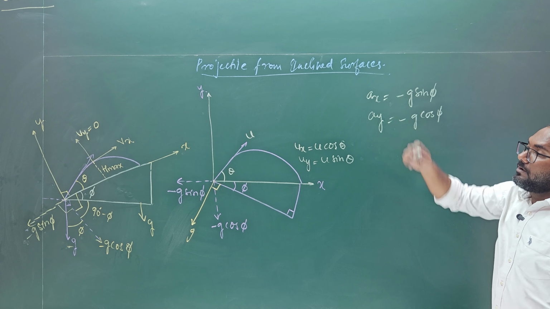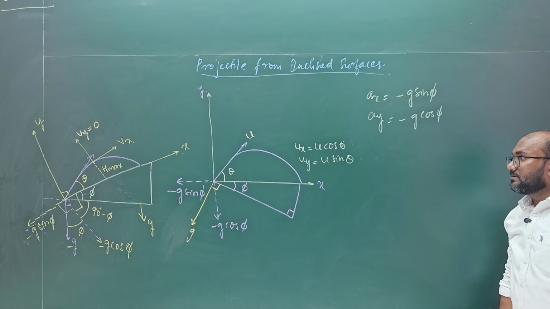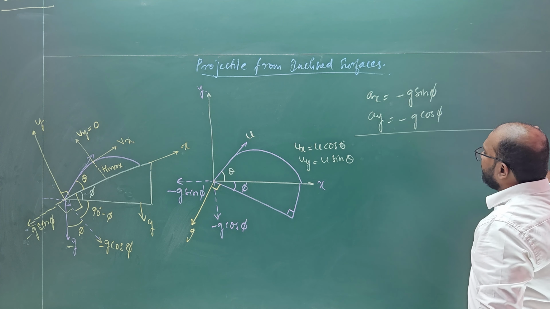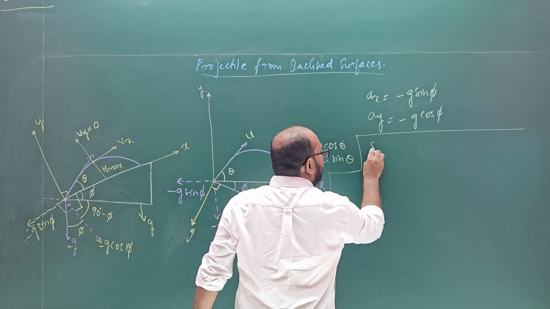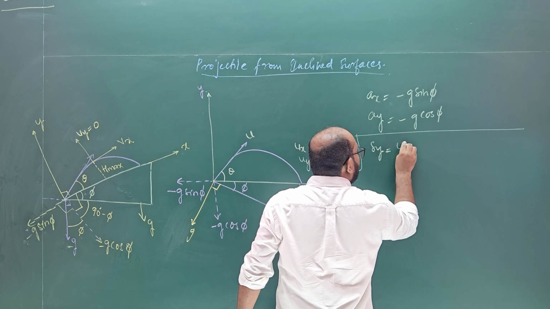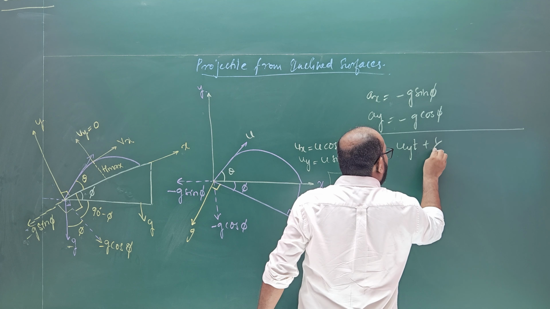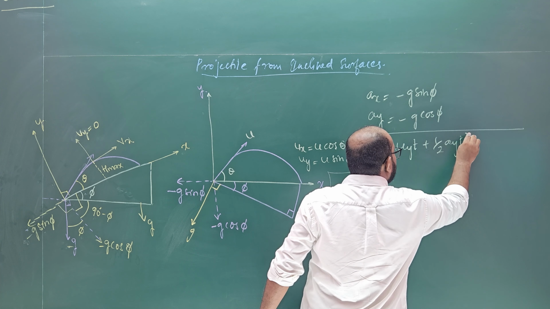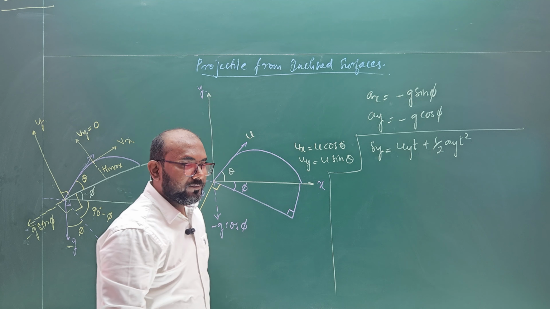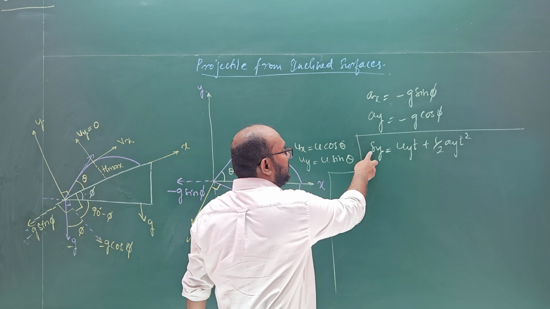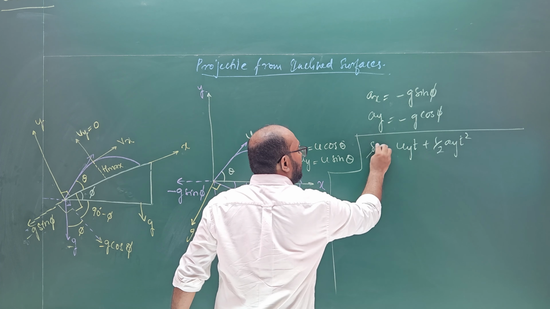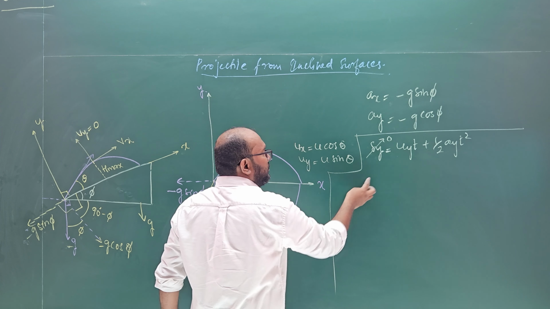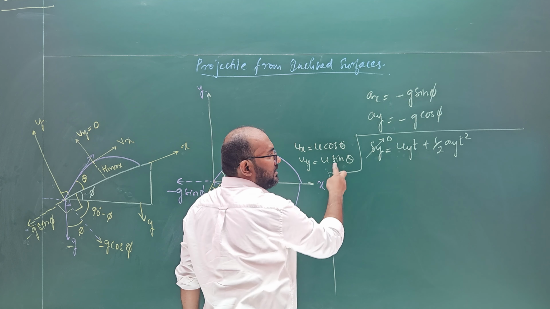Okay. Now let us derive our equations. So let us calculate. First is time period. So how do we calculate the time period? Sy is nothing but uy t plus half of ay t square. Yes or no? Okay. Substituting the value, what is the displacement from here to here? 0 again. So this whole term becomes what? 0. Left out is what? Uy. What is uy? U sine theta.